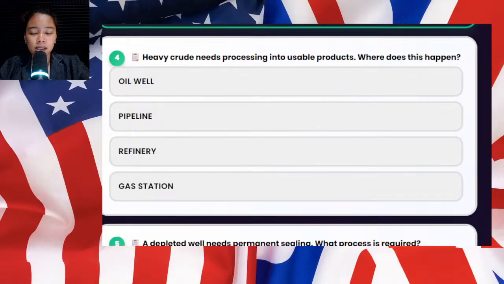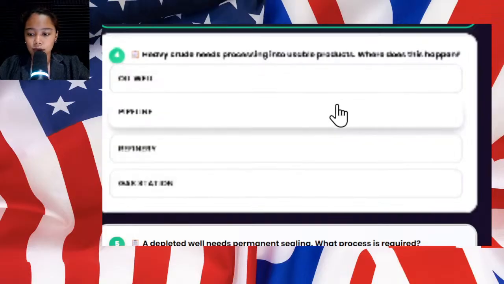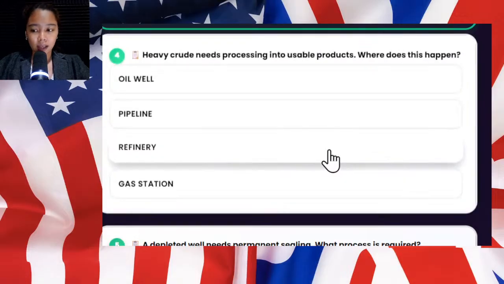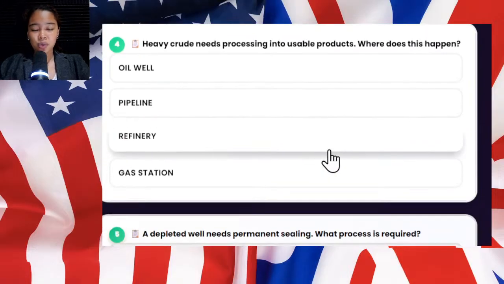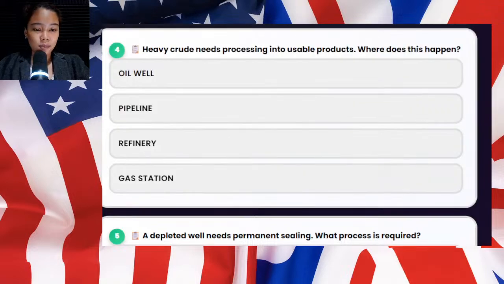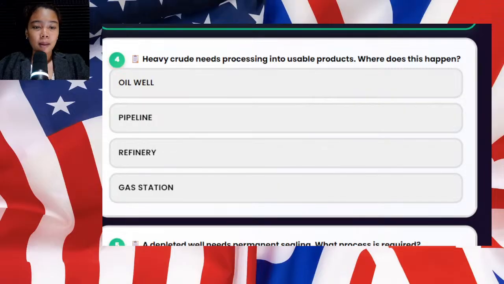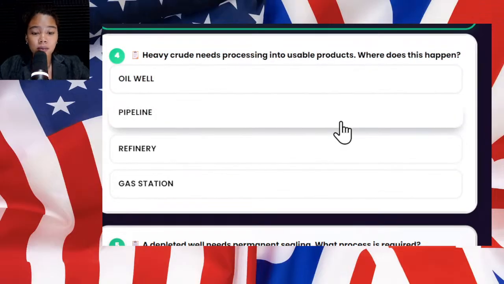Now we move on to the next option, pipeline. As you remember, what is a pipeline? A pipeline is a system of pipes used to transport crude oil, natural gas, and refined products over long distances from production sites to refineries, storage, and distribution points.